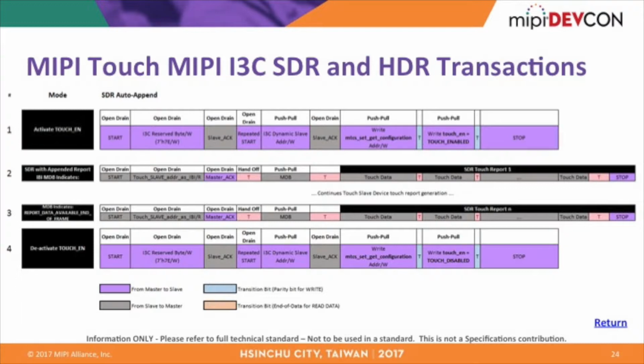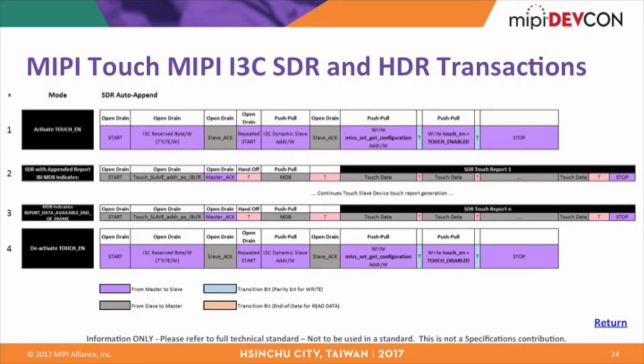Again, compare that to this very inefficient process where you have to loop through, ask it, request the data, and get the data. You go from this stage to this stage in three cycles. It's very fast. Then what happens in the touch standard, each touch data report ends in a predetermined frame, and I'll talk about the framing of the data afterwards.